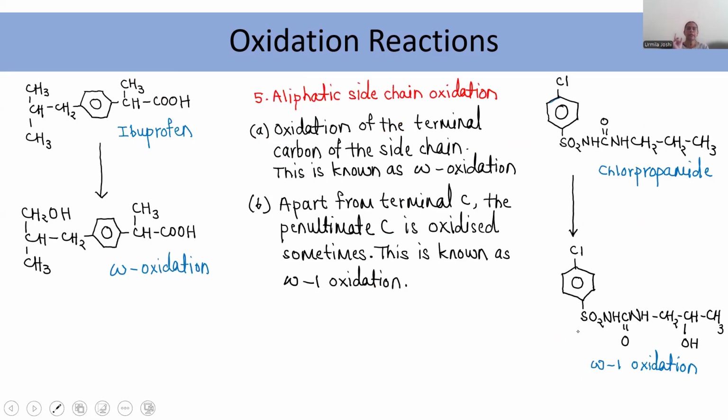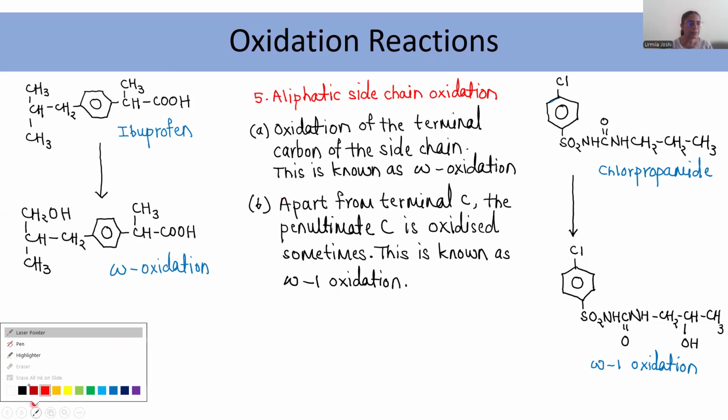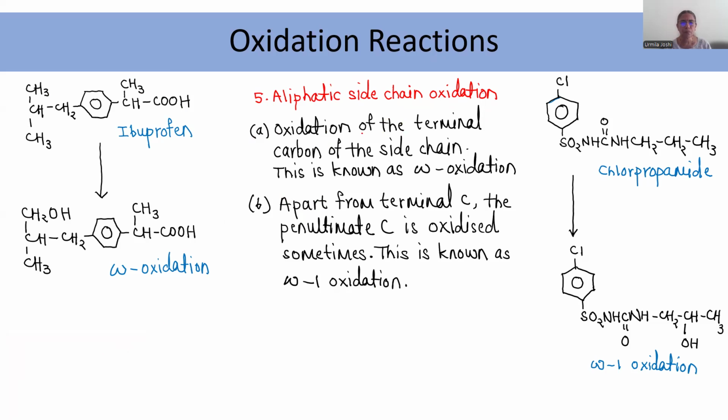Now coming to the next part, that is aliphatic side chain oxidation. There are two pathways for aliphatic side chain oxidation. The first pathway is oxidation of the terminal carbon of the chain. Terminal is towards the end.